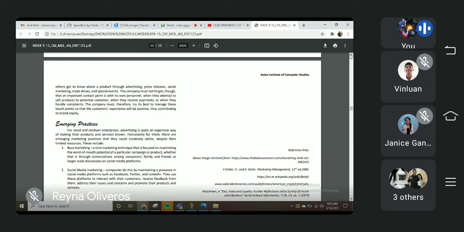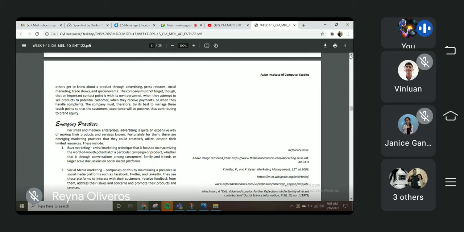It is because sometimes may mga consumer na nakabili na sa iyo noon, tapos dahil hindi ka na nila makita sa social media, iba na yung kukunin nila. Di ba? You have to become active. You need to have a presence on social media platforms.